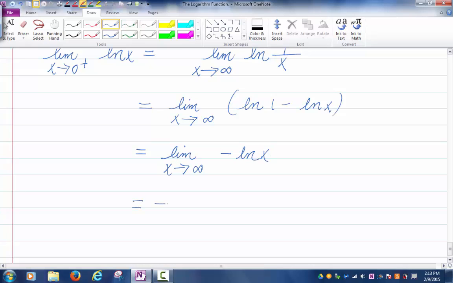Well, this is the same as negative of the limit of ln of x. But what is the limit of ln of x as x goes to infinity? We just showed that it is infinity, so I get negative infinity. Okay, so my limit number 3 is negative infinity.